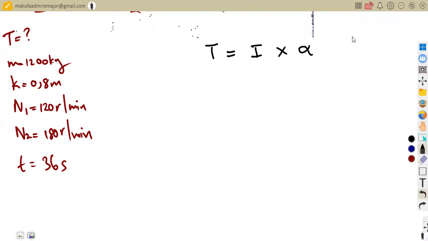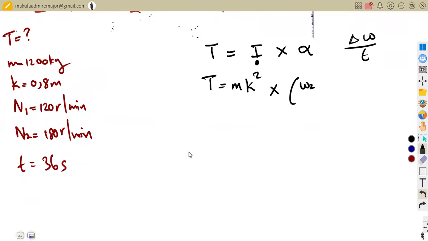So our torque is the inertia, which is mass times radius squared, multiplied by the change in angular velocity, that is omega2 minus omega1 for an increase.